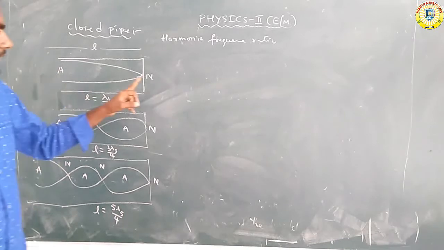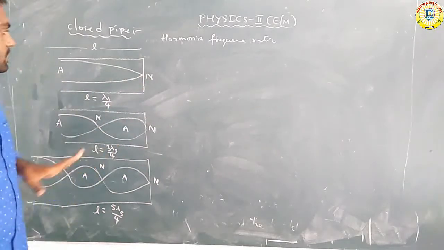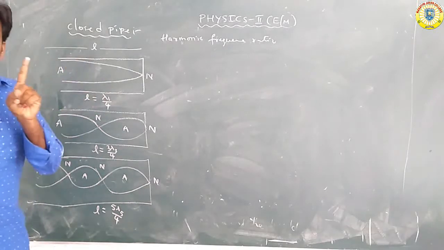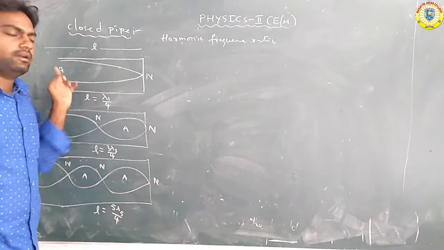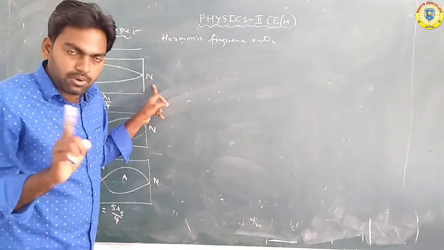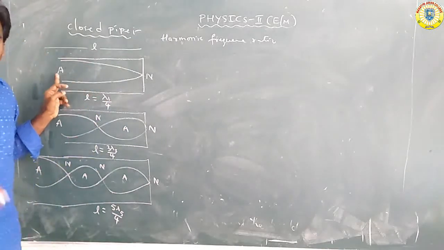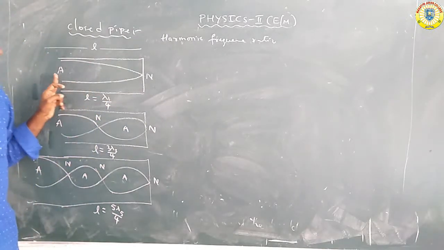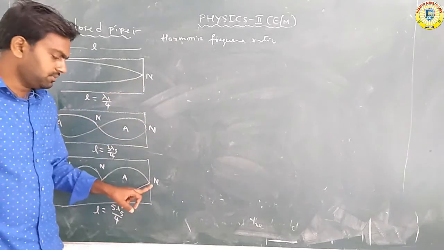One antinode and one node is formed at least. So at least for the fundamental frequency, one antinode and one node are formed. The node is formed at the closed end of the pipe, and the antinode is formed at the open end.